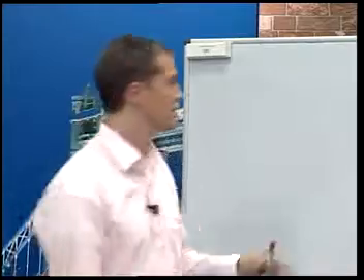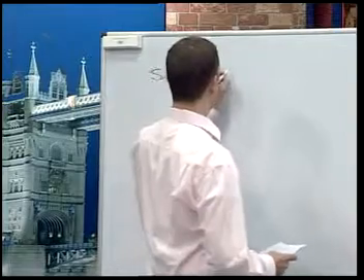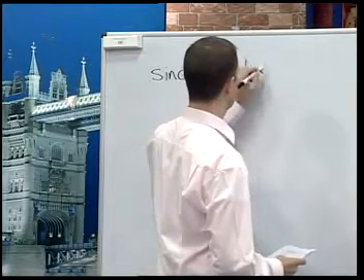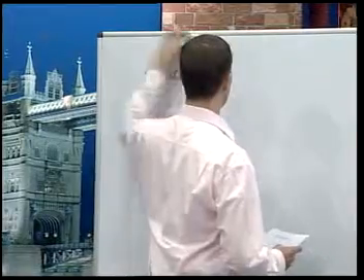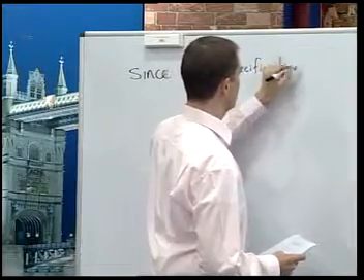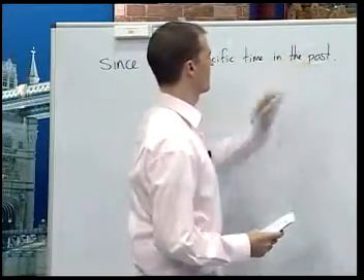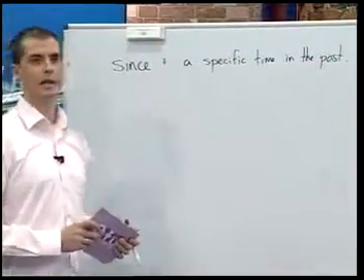So when we use since or for with the present perfect, this shows us that a situation began in the past and continues to the present for some time. We use since plus a specific time in the past, for example, since February or since 1999.